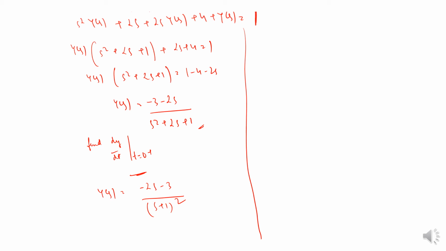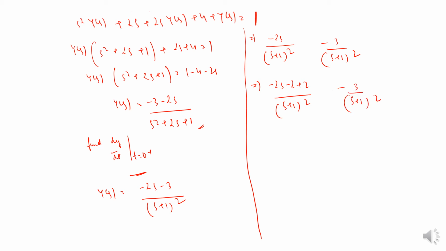Now we can write it as minus 2s by s plus 1 whole square minus 3 by s plus 1 whole square. This can be further solved as minus 2s minus 2 plus 2 by s plus 1 whole square minus 3 by s plus 1 whole square.